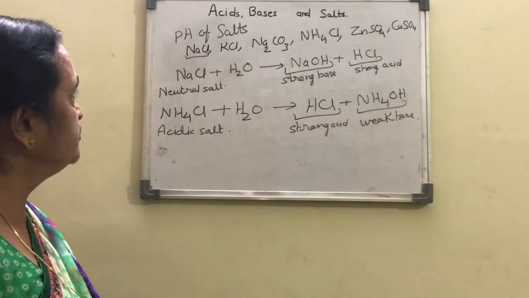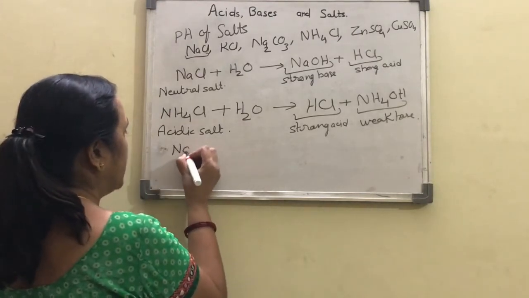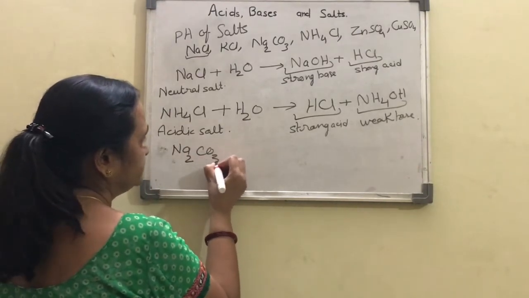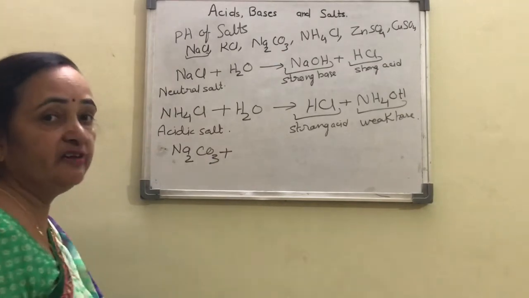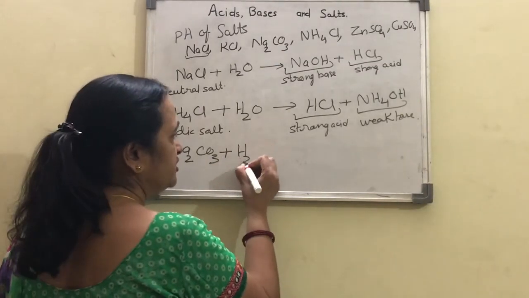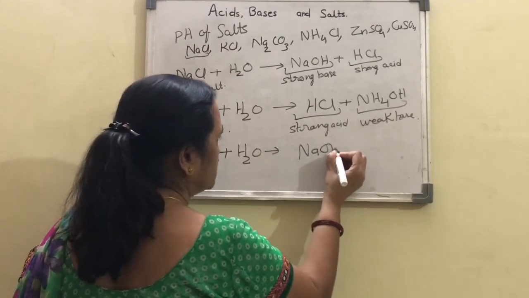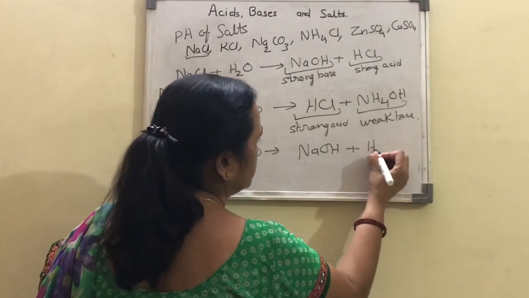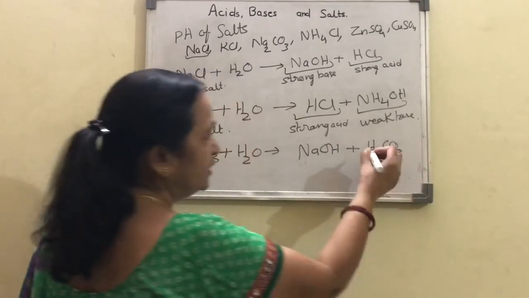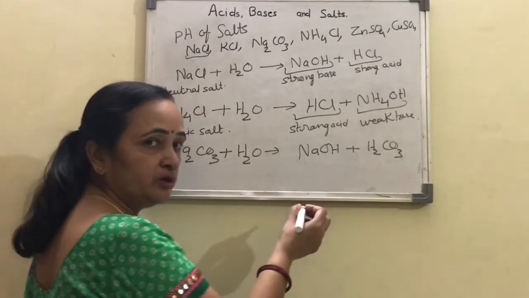Now suppose you take another example, like sodium carbonate, Na2CO3. We have to find whether it is acidic or basic. We will dissolve it in distilled water and you will get NaOH plus H2CO3. H2CO3 is carbonic acid and NaOH is sodium hydroxide.